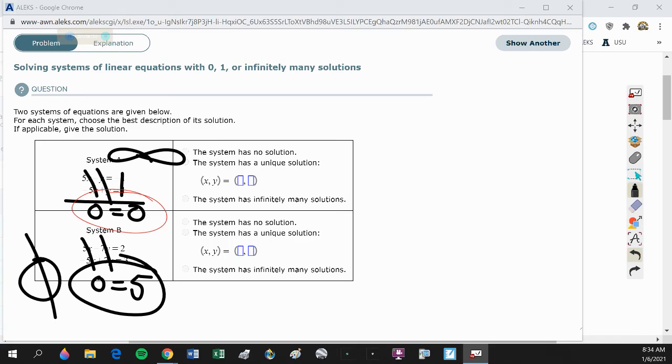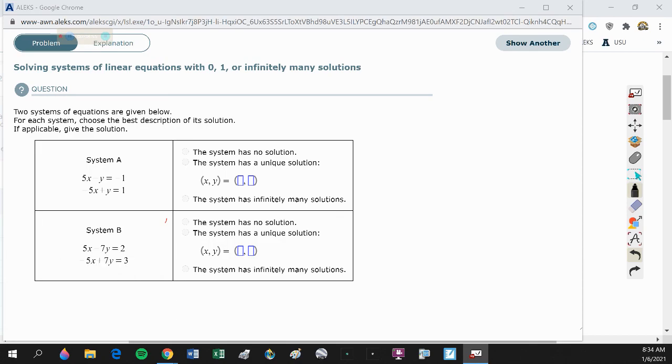Okay, and I guess it's entirely possible that you do one of these and it does have a solution. But if all the x's and all the y's cancel and you're left with something equals itself, then the answer is infinite solutions. If they cancel and you get something that's not true, then it has no solutions. Okay. Get to work.